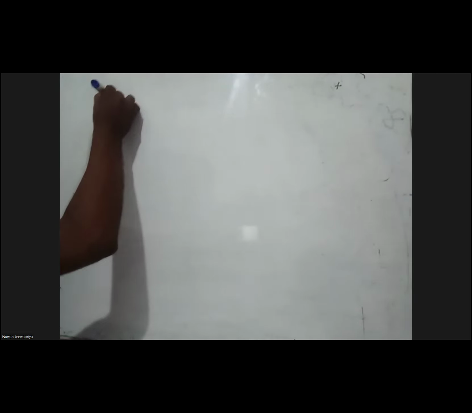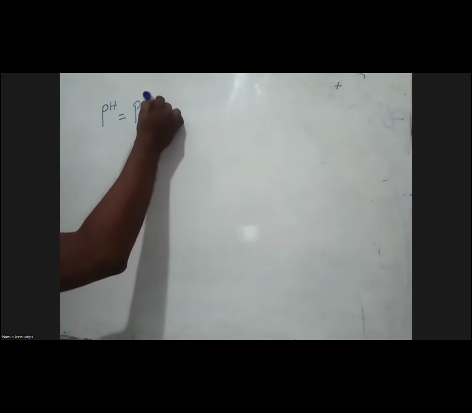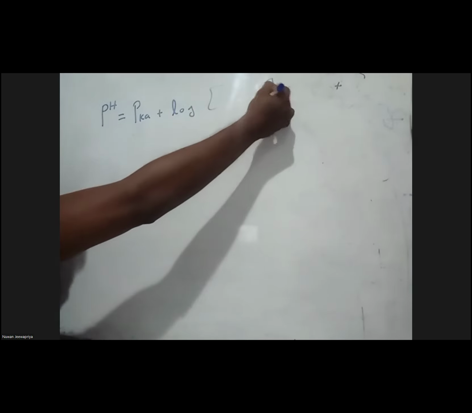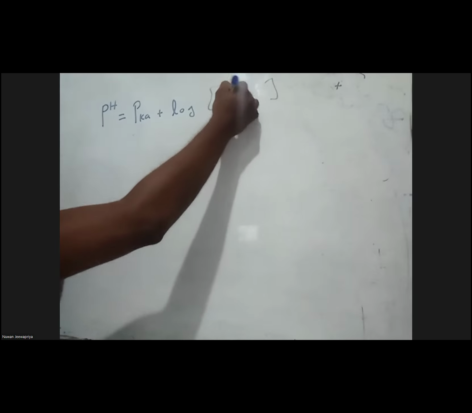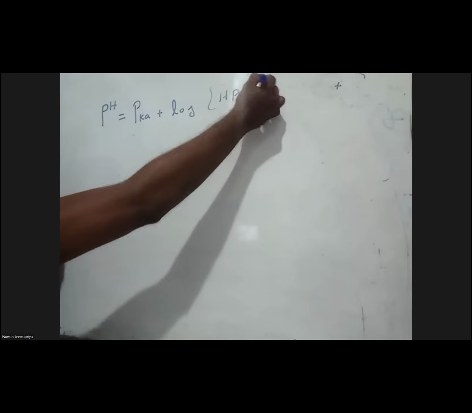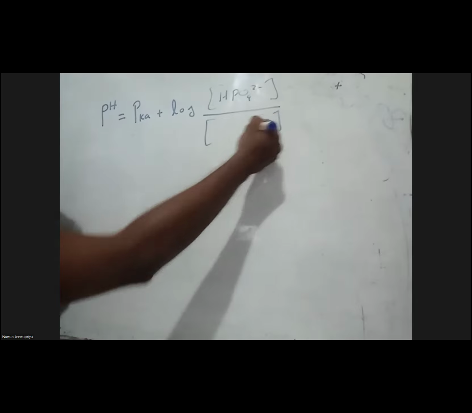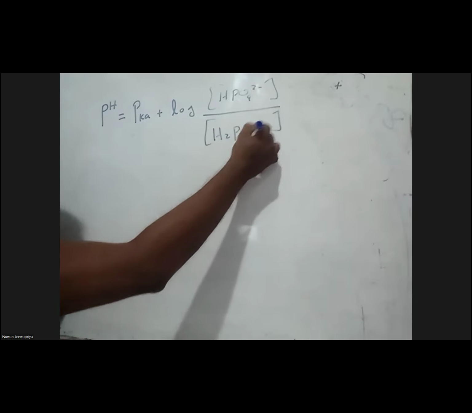We use this Henderson equation to find the pH of the buffer. pH is equal to pKa plus log of the salt, HPO4 2 minus, divided by H2PO4 minus.